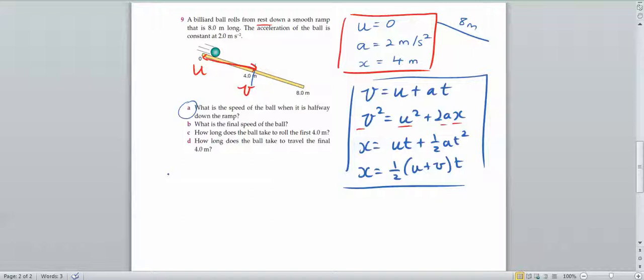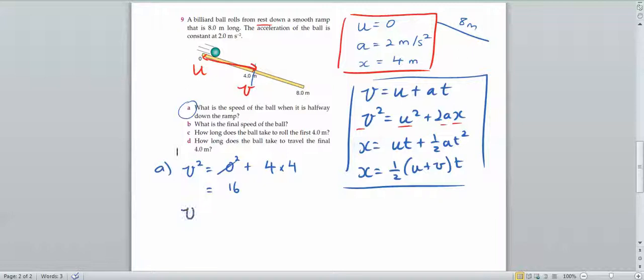So for part A, we've got v squared, which is what we're trying to find, is equal to u squared, where u is the initial speed, so 0 squared, plus 2 times a. 2 times 2 is 4, times x is 4. So we've got v squared is equal to 16. Now we're not solving for v squared, are we? We're solving for v.